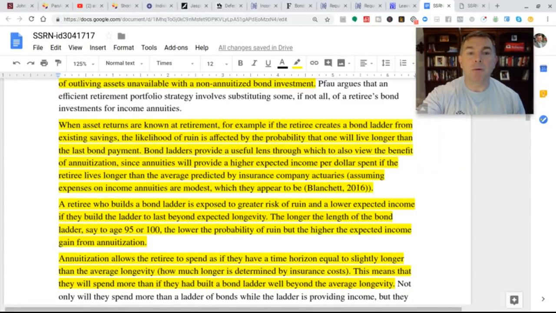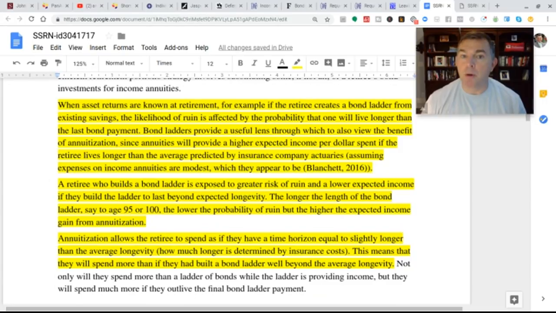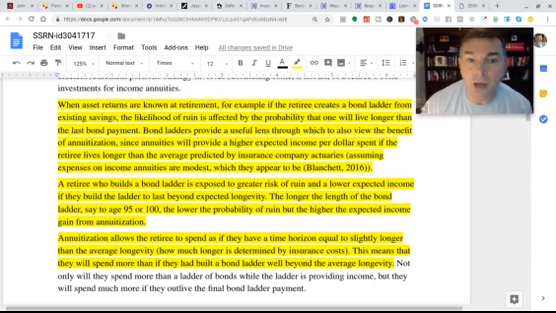A retiree who builds a bond ladder is exposed to greater risk of ruin and lower expected income if they build the ladder to last beyond longevity.